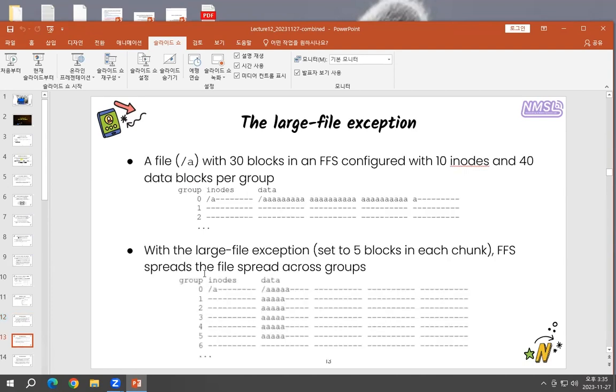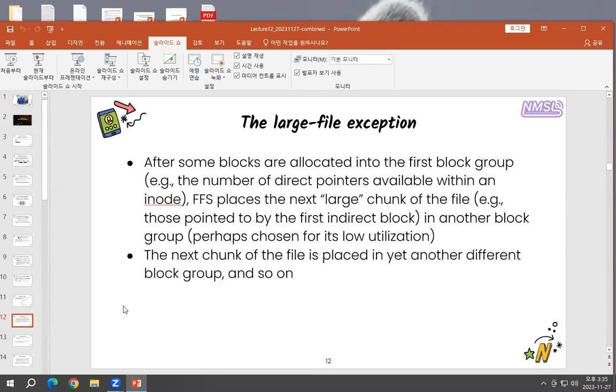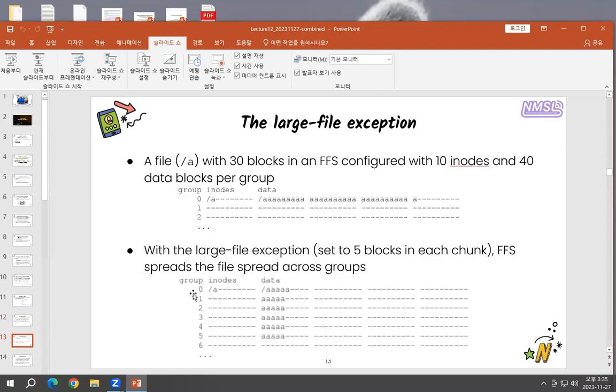Right. So indirect. Oh, you mean basically, indirect blocks, the blocks that point to the next one?